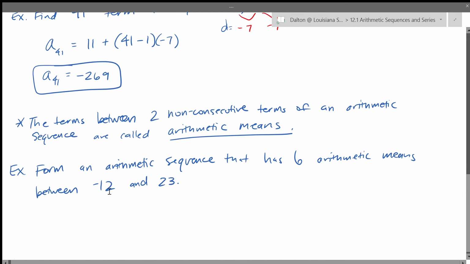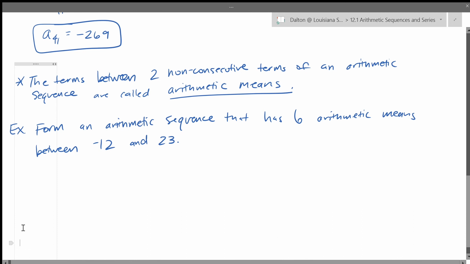So even though we don't know if -12 is the first number of a big sequence, if I'm giving you this snapshot, then it is appropriate to say that, first of all, let's talk about how many terms are in our snapshot of a sequence.